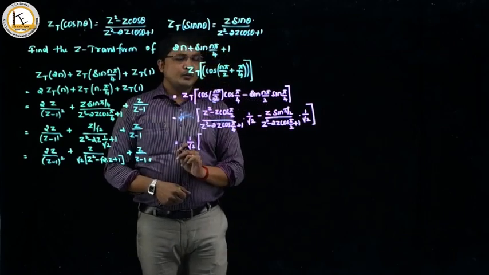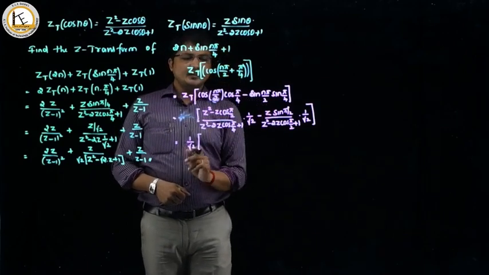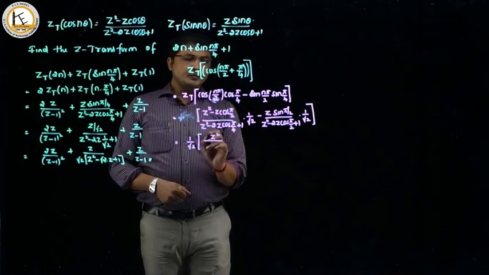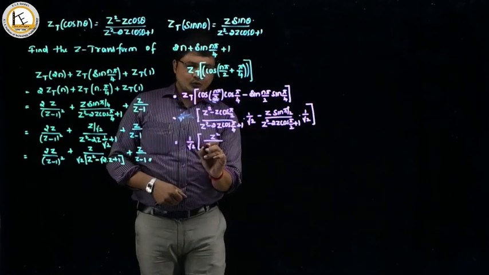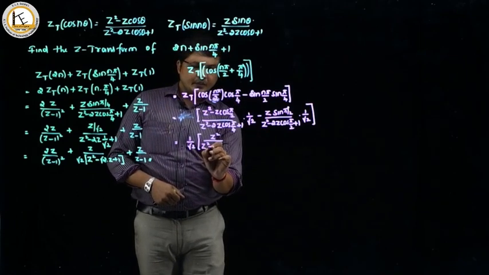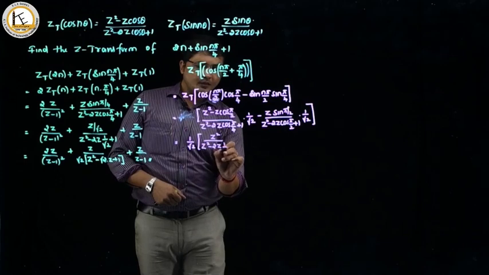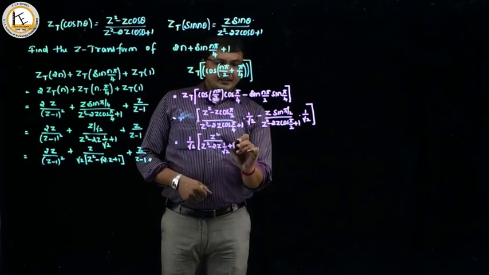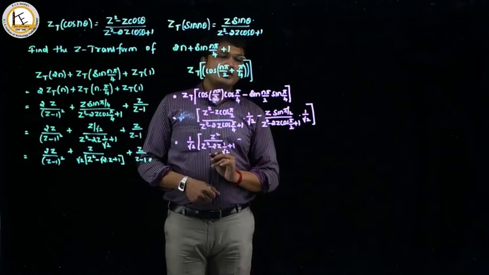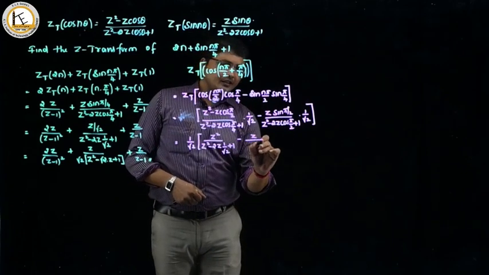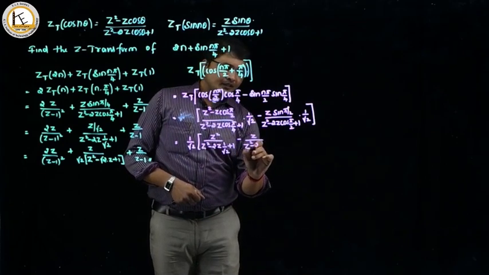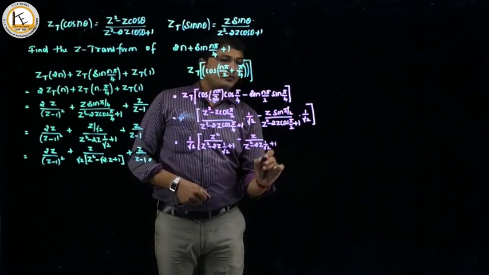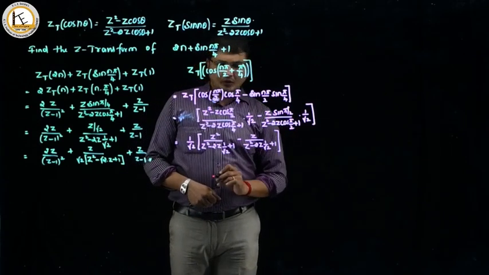Cos pi by 2 is 0, so 0 into anything will be 0, so the remaining numerator is only z square, and since cos pi by 4 is 1 by root 2, we write z square minus 2z into 1 by root 2 plus 1, minus, again sin pi by 2 is 1, so the remaining is z divided by z square minus 2z into 1 by root 2 plus 1.